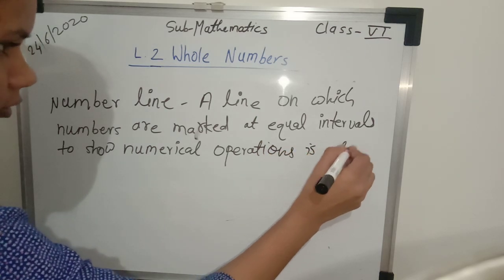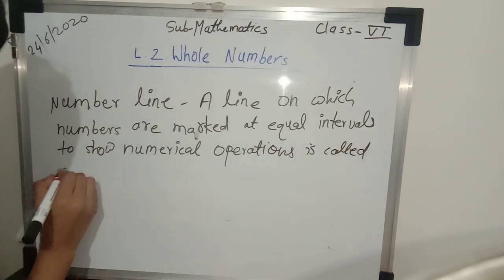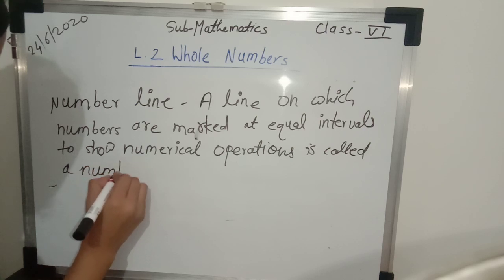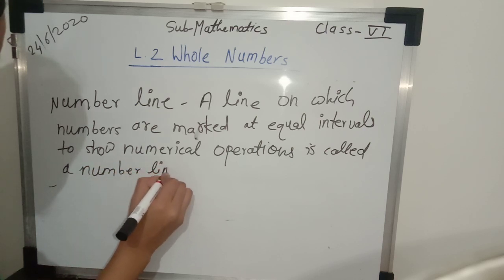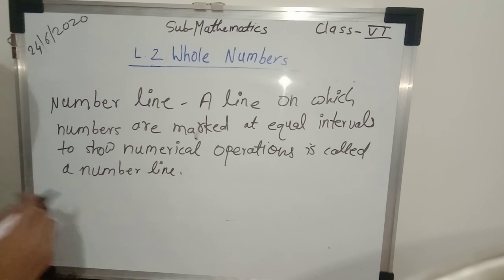It's called a number line. So this is a very simple definition of number line, that we should know.